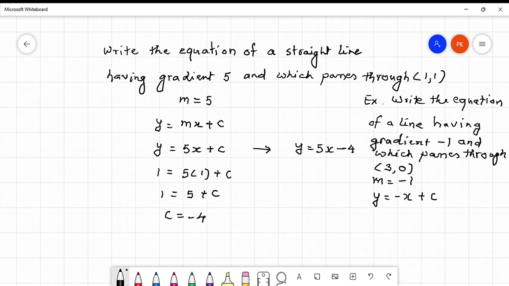Now here put y is equal to 0, x as 3, so 0 equals minus 3 plus c, which means c is equal to 3. Put it back in this equation, which gives y is equal to -x plus 3. Or even you can write this equation as x plus y is equal to 3.